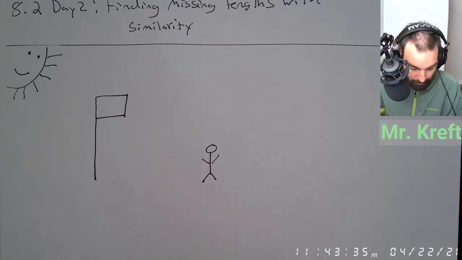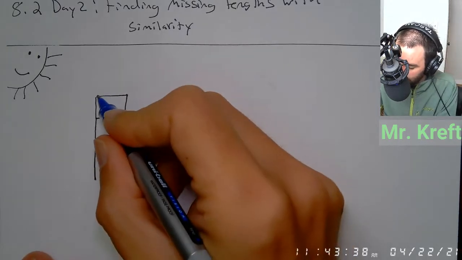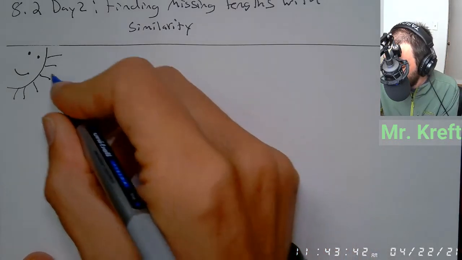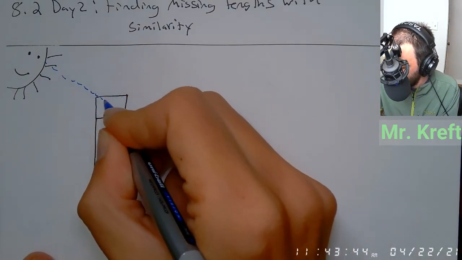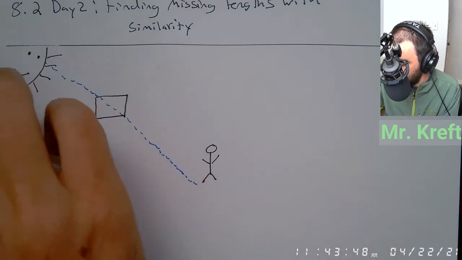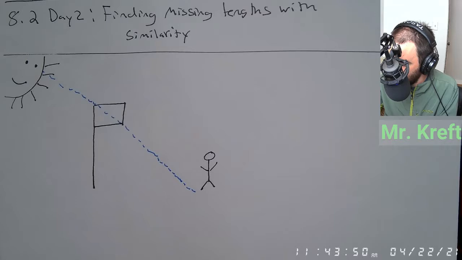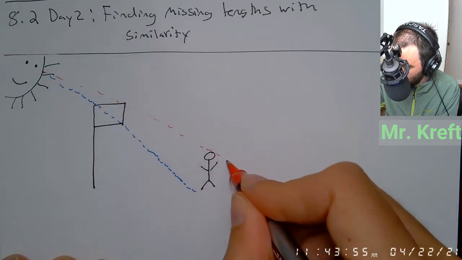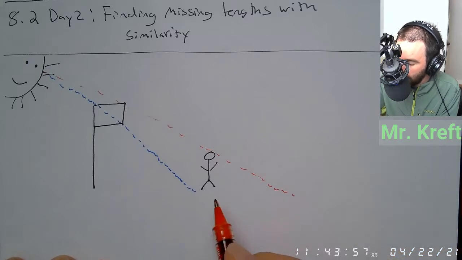So I'm just measuring the flagpole, not the flag. You can imagine that a ray of sun comes down and goes like this, or another ray of sun comes down and goes like this.